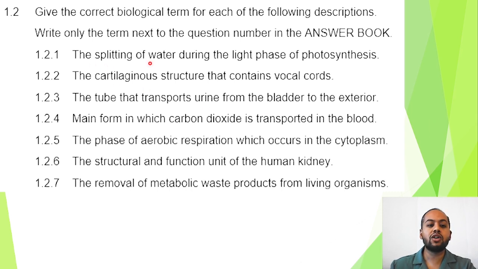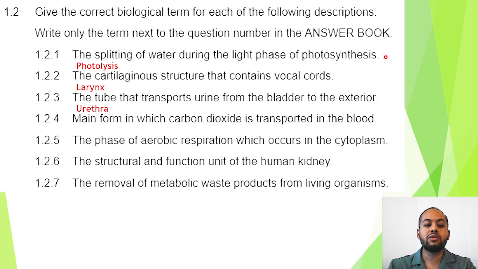Firstly, the splitting of water during the light phase of photosynthesis is referred to as photolysis. Secondly, the cartilaginous structure that contains the vocal cords is the larynx. The tube that transports urine from the bladder to the exterior is the urethra.